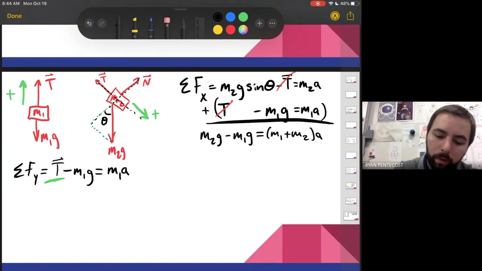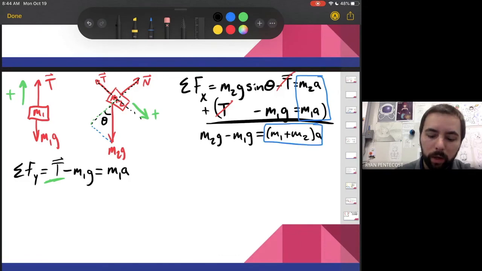So we have this right here. You can see how that can become this here. And like we were talking about before, the driving force in this problem is M2G. The resisting force in this problem is M1G.